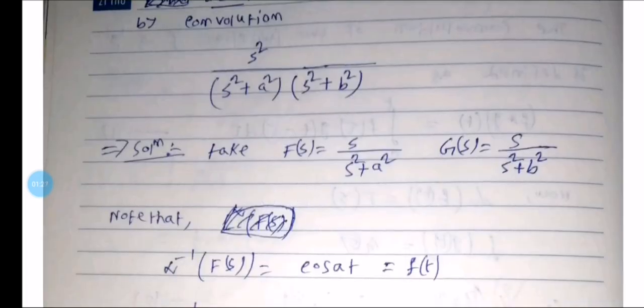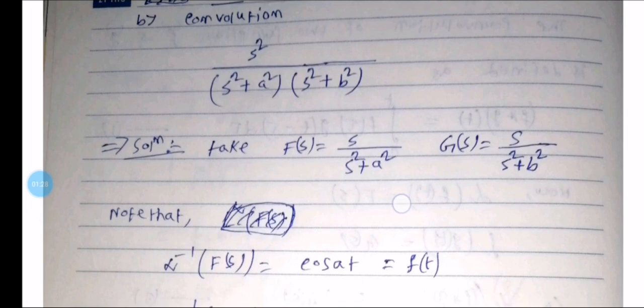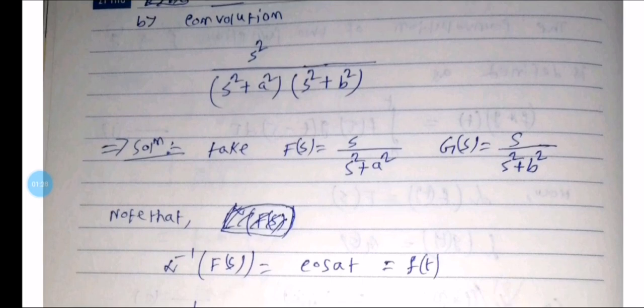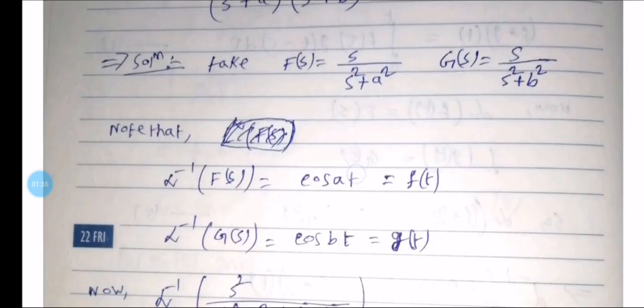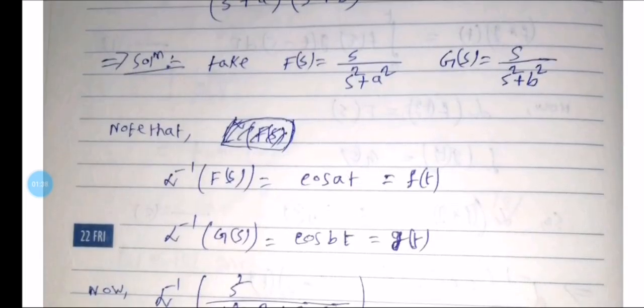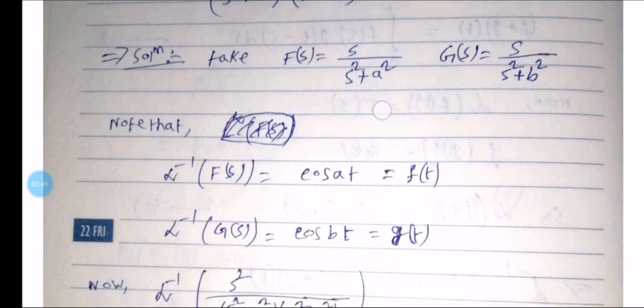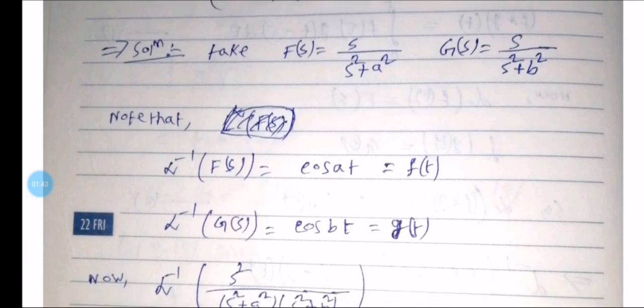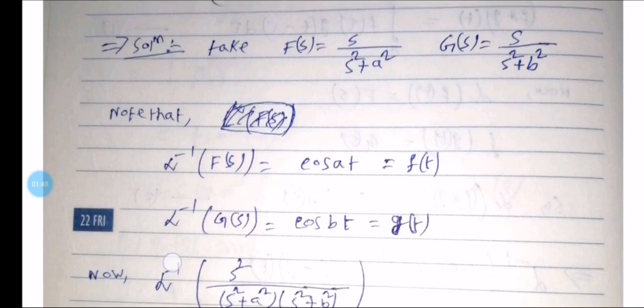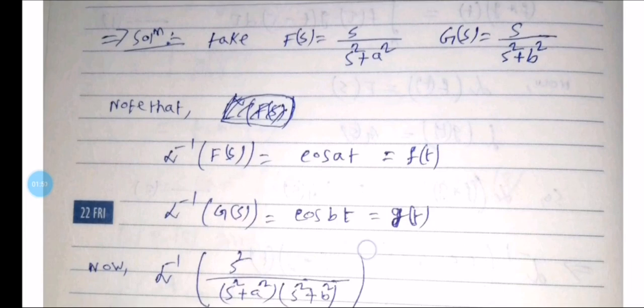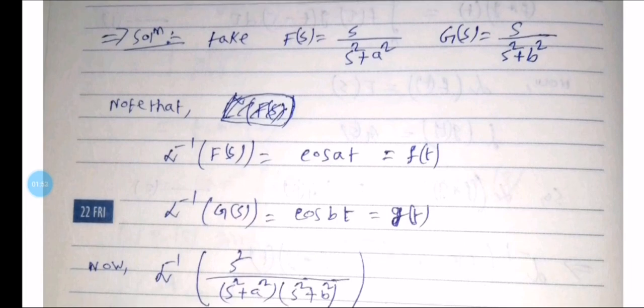Suppose F(s) equals s by (s squared plus a squared), and G(s) equals s by (s squared plus b squared). So L inverse of F(s) we know is cos at, because the Laplace transformation of cos at is s by s squared plus a squared. We consider this as f(t). L inverse of G(s) equals cos bt, which we consider as g(t).